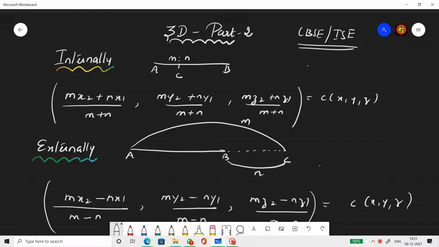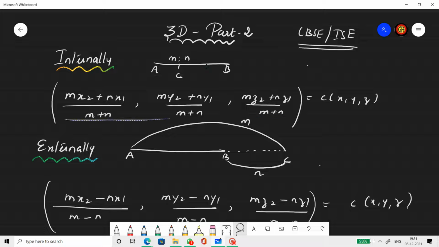So, if a line segment joining two points is divided by a point C internally in the ratio of m is to n, using the section formula we can find the coordinates of C, which is (m times x2 plus n times x1) by (m plus n), comma (m times y2 plus n times y1) by (m plus n), and (m times z2 plus n times z1) by (m plus n).